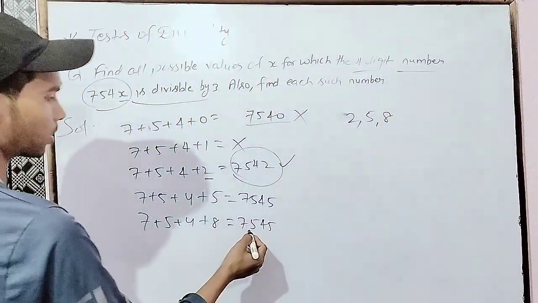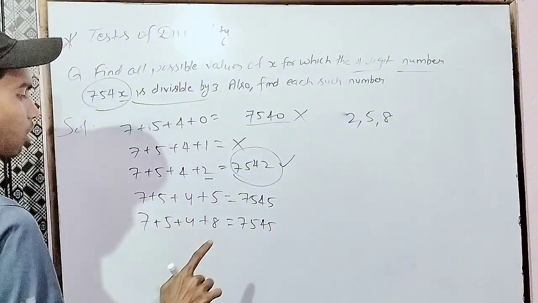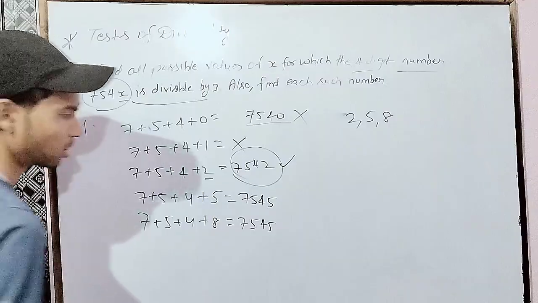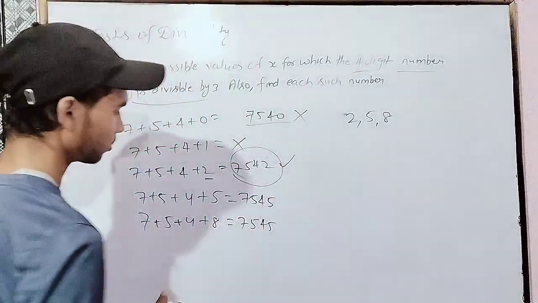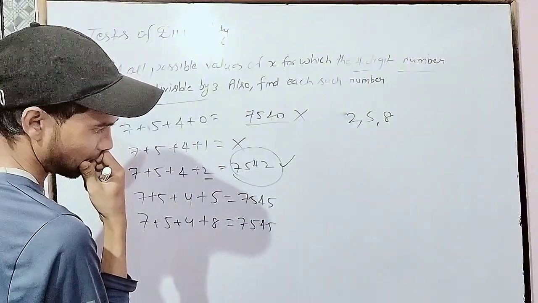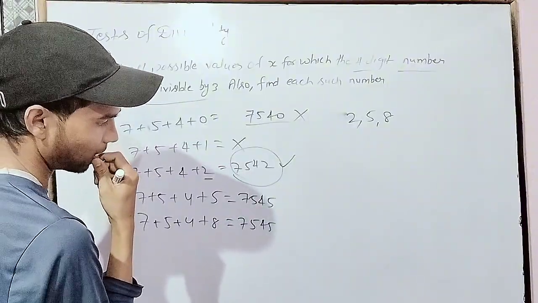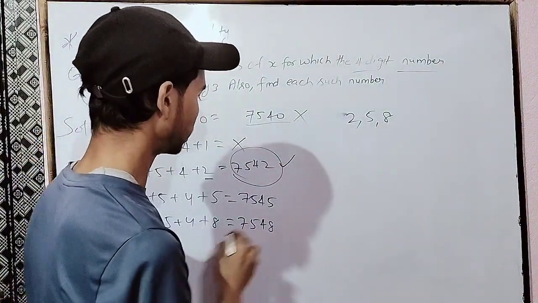24. Here the sum of each digit of this whole number is 24. Yeah, 24. 12 and 9. This is 8. 12 and 12. 20.